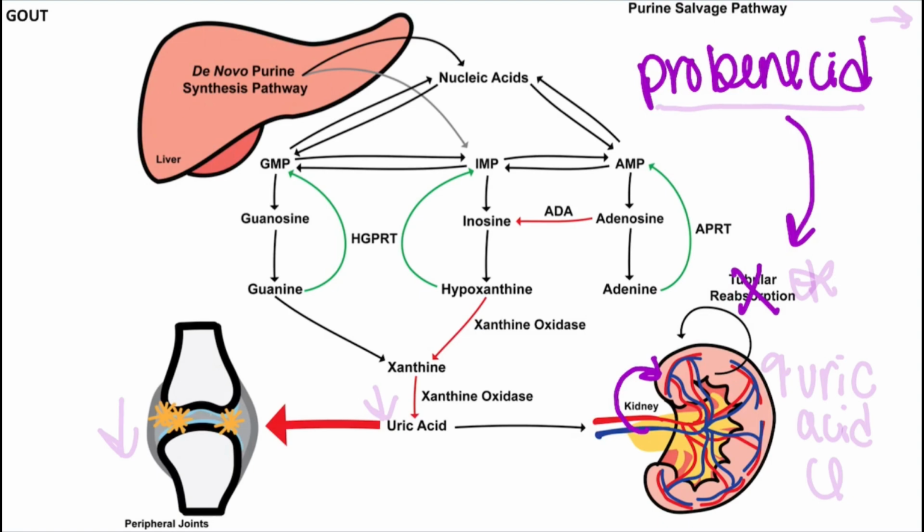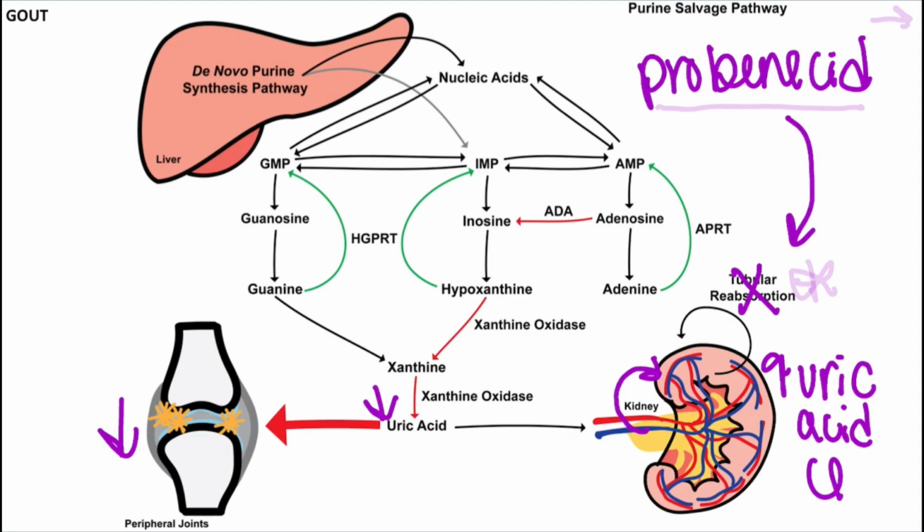And by inhibiting this process, we are increasing the amount of uric acid that is cleared from the body, thereby reducing uric acid serum concentrations. So by lowering these blood concentrations below its solubility limits, probenecid decreases or prevents further risk of crystal deposition in those peripheral joints and reduces that chance of future gout attacks.